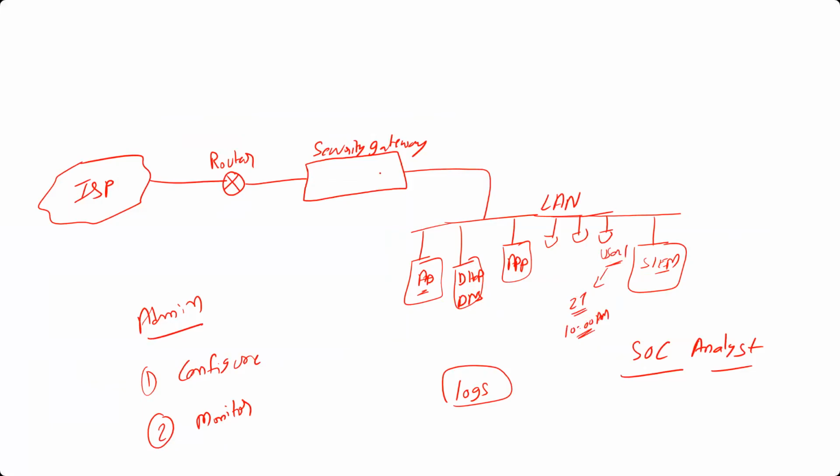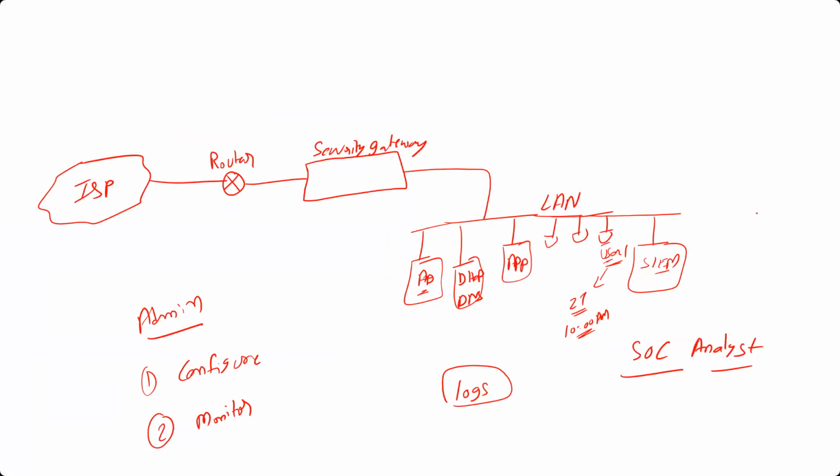Now the security gateway is going to send information to the SIEM solution saying at 10 a.m. from so and so computer, user one is trying to access the Zoom Technologies website. So it's just a piece of information that your security gateway is giving to the SIEM solution, right?